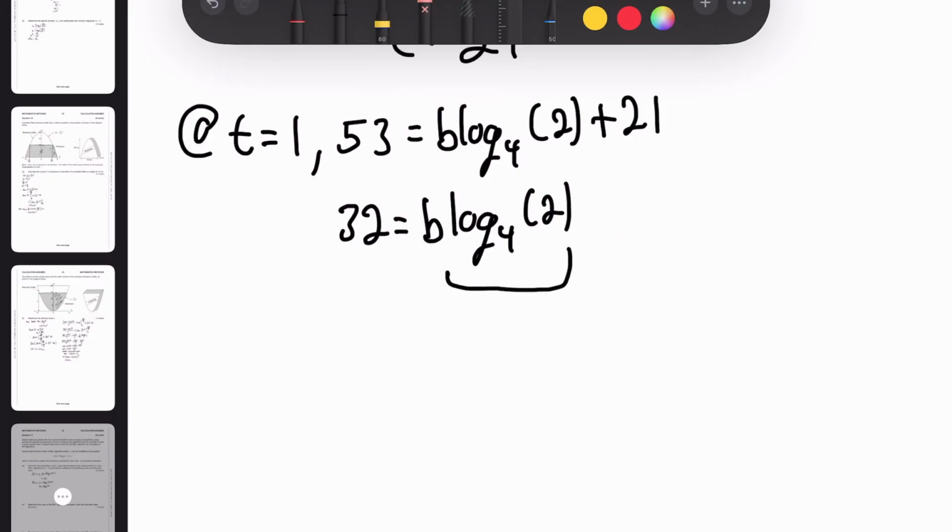Here, log 4 of 2 is just equal to a half, since we need 4 to the power of some c to equal 2. We know that the square root of 4 is 2, so c will just be a half. So then 32 is equal to b on 2, so b is equal to 64.